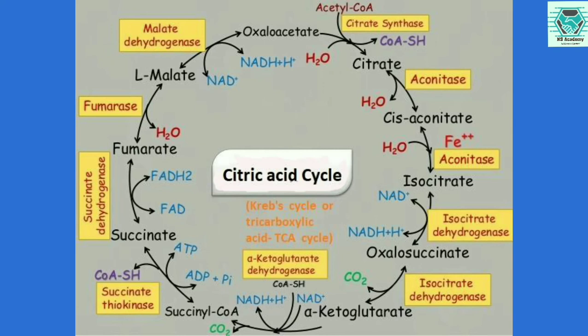So, in this way, we found the whole cycle of TCA is comprised of 10 steps which ultimately lead to the production of different intermediate products. The enzymes involved in each step are very important.